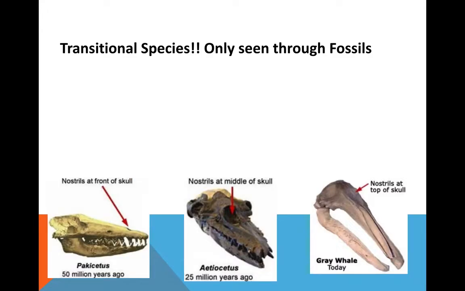So all of this fossil evidence brings us to something called the concept of transitional species. And we see these transitional species only through fossils because we can't see these transitions in our lifetime.